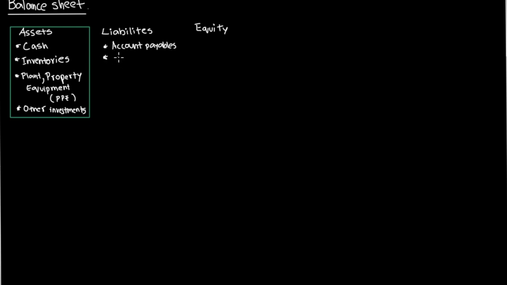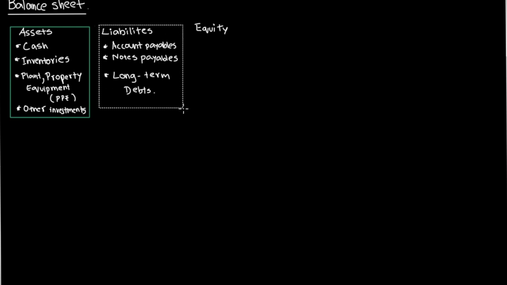Those are basically short-term loans that we have taken. Okay, and we also have the long-term loans. Let's say, for example, the companies have to pay mortgages for the buildings that they have rented or they have bought. So those are an example of the long-term debts they may encounter.